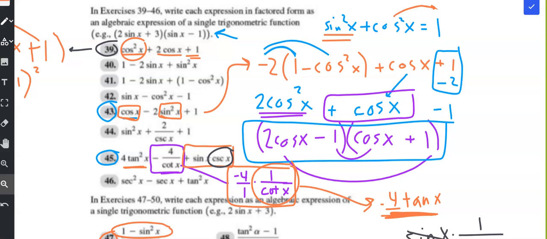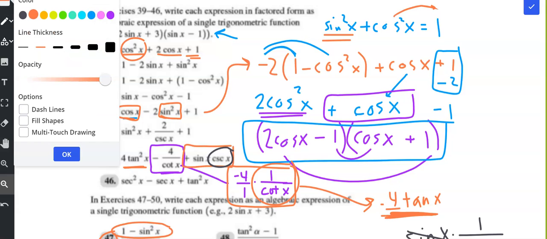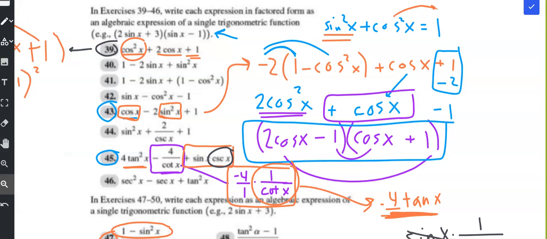I'm not sure if 43 and 45 are in one of my other videos, but I'm going to just talk about them right here since I've got them up on screen. On 43, the giveaway, or the thing that you should be looking for, is the linear term. The linear term is cosine x, so that meant I was going to look at the quadratic term and replace it.